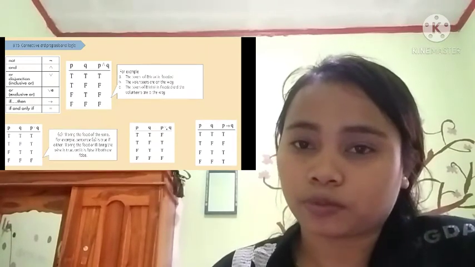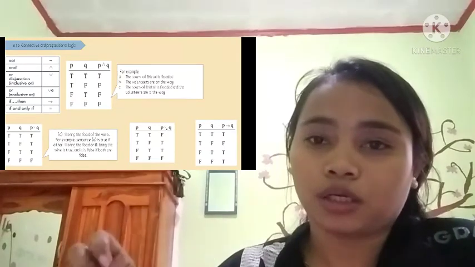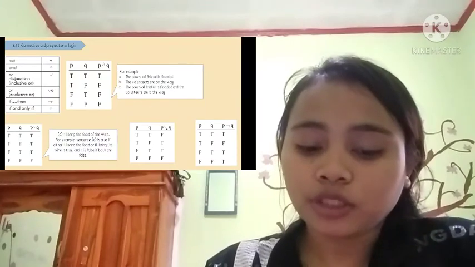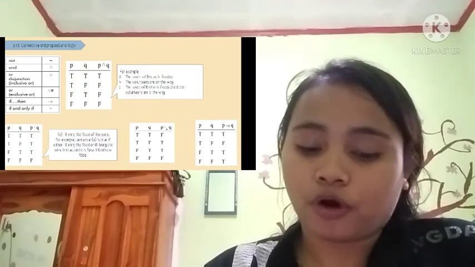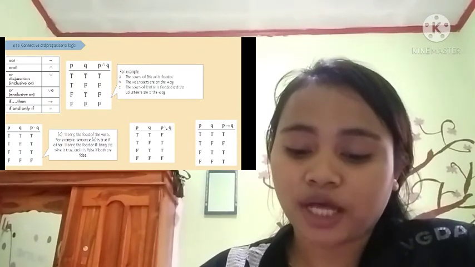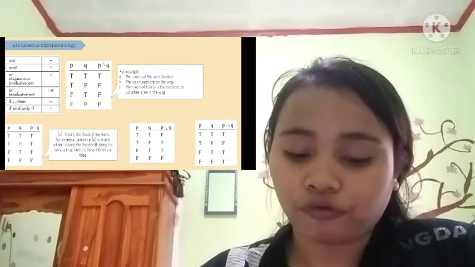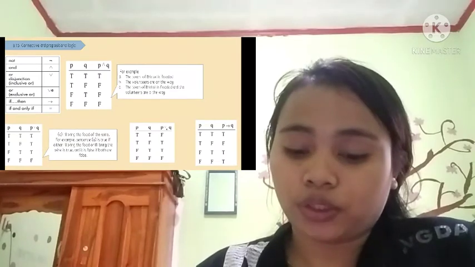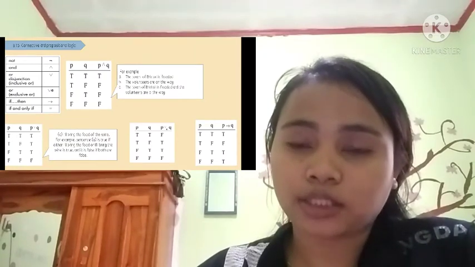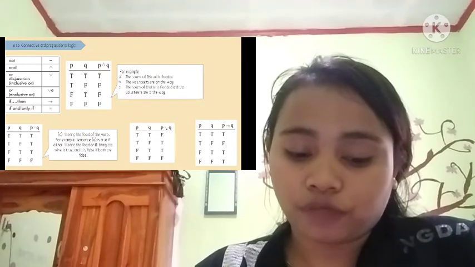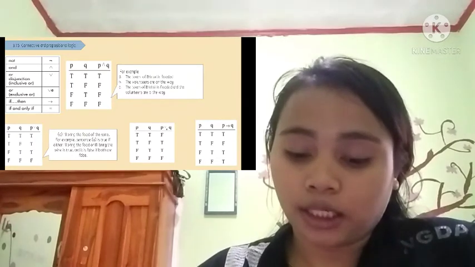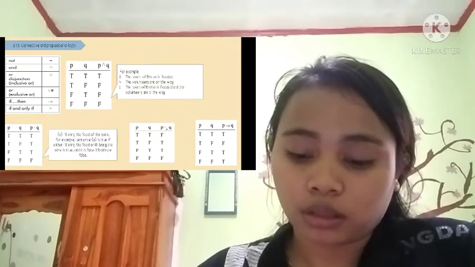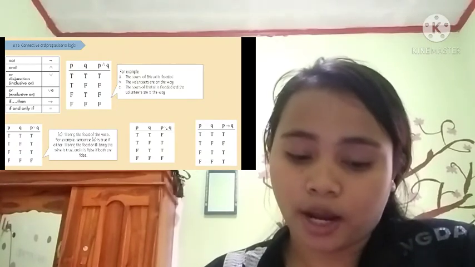Jadi simbolnya seperti V terus E di bawahnya. We can see that P exclusive or Q is only true if just one of the two members of the disjunction is true. The difference from inclusive or is that both P and Q cannot be true at the same time. Jadi tidak bisa benar dalam waktu yang bersamaan.